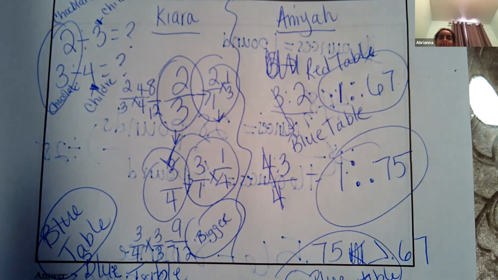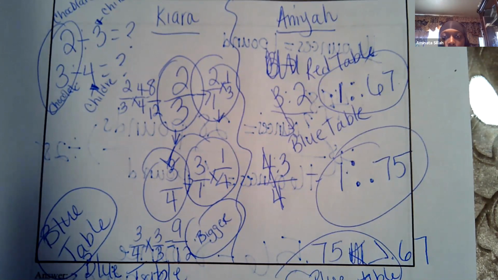I noticed that since Kiara used fractions, Anaya used ratios and percentages to find her answer. So what do you think the connection between the two strategies that they used are?